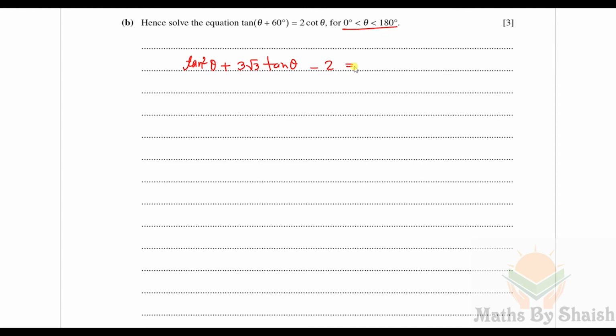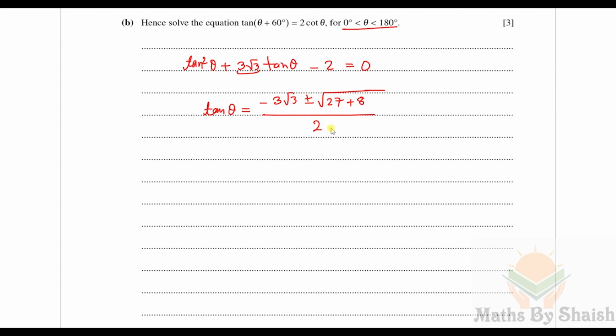This is a quadratic in tan theta, so we can use the quadratic formula: tan theta is equal to minus b, that is minus 3 root 3, plus or minus the square root of b squared, that is 3 root 3 squared, 9 times 3 is 27, minus 4ac, 4 into 1 into 2, minus 4 times 2 is 8, over 2a, that is 2.